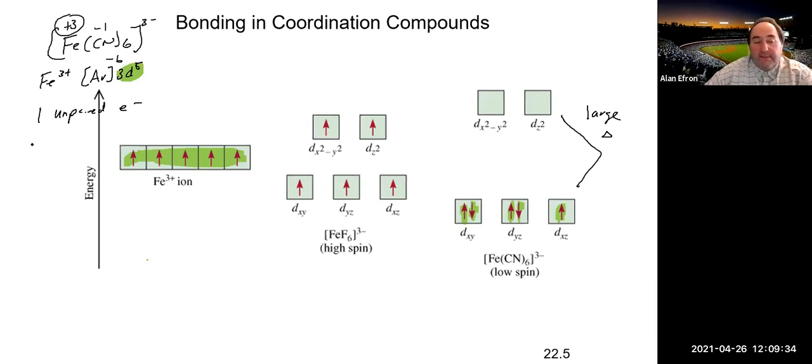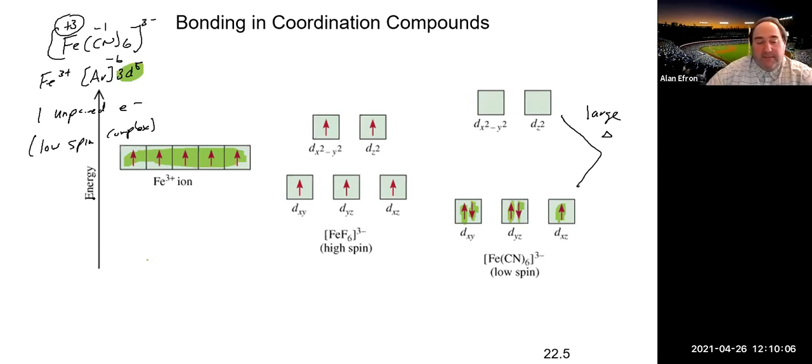And that is what is sometimes referred to as a low spin complex. Low spin because most of the electrons are paired up, right? When they're paired up, their spins cancel each other, so they're not spinning around. When they're unpaired, they have their own spin happening, and nothing counters it. But when two electrons go in the same orbital, they cancel out their effective spin.